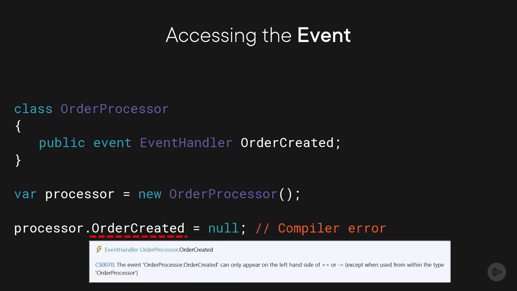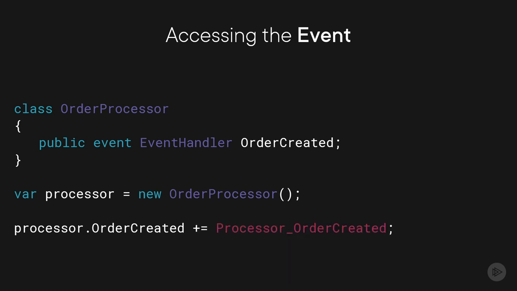This ensures that whoever is accessing this event from outside the class is only allowed to add or remove a delegate from the invocation list. We now have an event called order created. This is all that is required to create an event that anyone with a reference to an instance of this publisher can subscribe to.